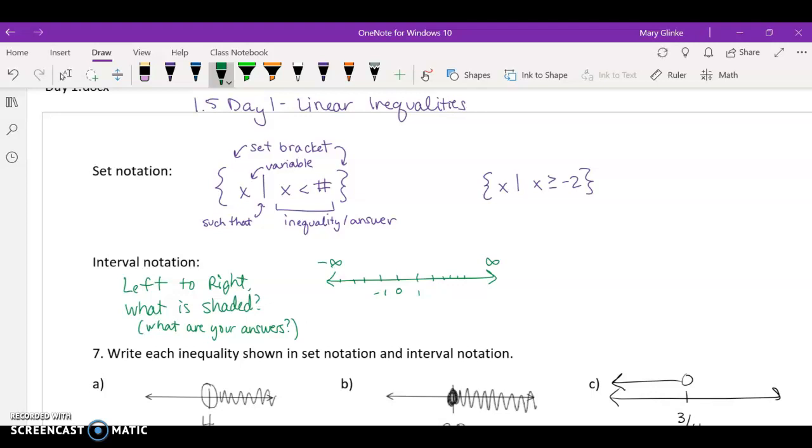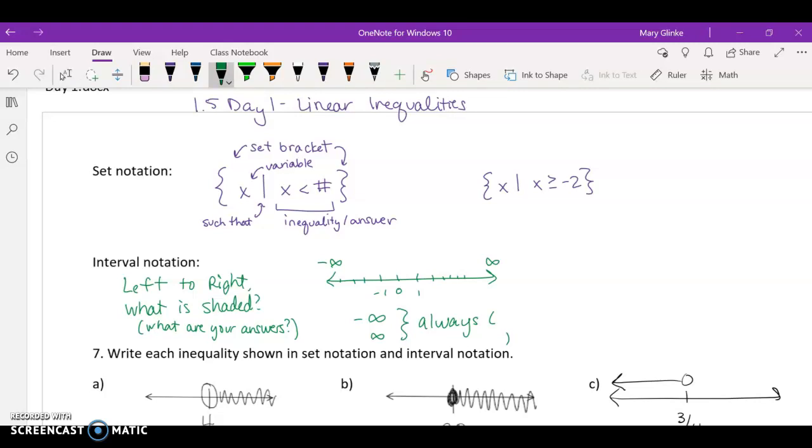So if your graph is shaded on the left, you're going to start off with a negative infinity. If your graph is shaded on the right, you would end with positive infinity. And now these infinities here are always going to have parentheses when you are using interval notation. So it'll either start with a parenthesis or end with a parenthesis depending on where your infinity is.